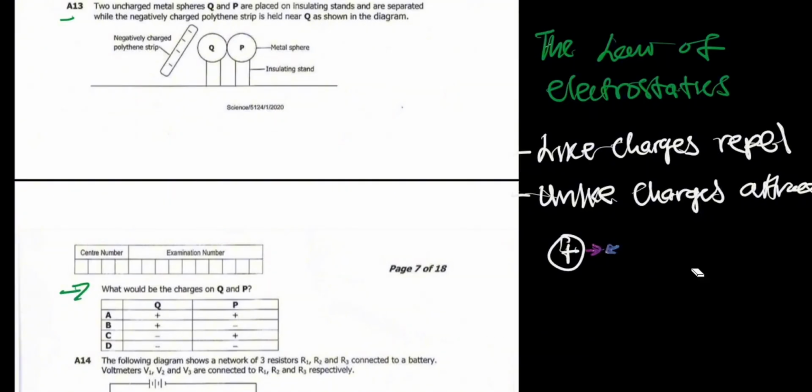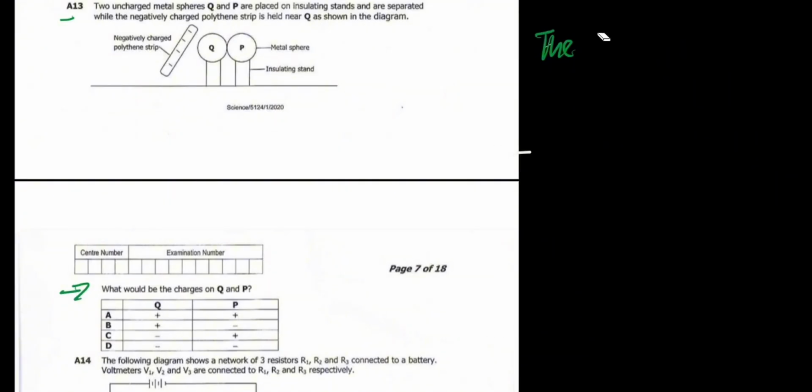Now, when you look at the question here, notice that the polythene strip is negatively charged, right? So this is negatively charged. You don't know the charges of these two metal spheres, but because you don't know, you can assume that each sphere has positive and negative charges.